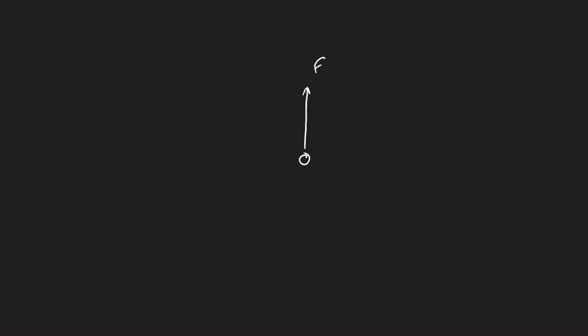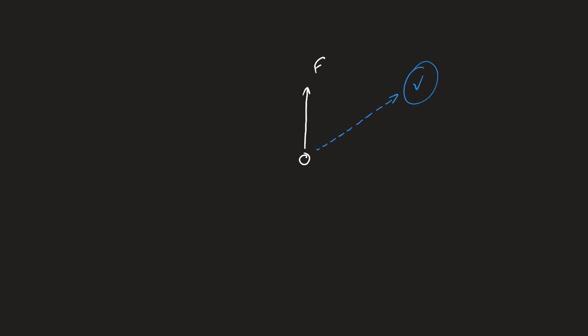We've frozen the object at a particular moment of time, drawn a free body diagram, and then used that free body diagram to kind of highlight what the object's going to do. If the object's already moving, if it has a velocity, and you apply a force to it, well, some components of that force might act to change how fast the object's going, but some components of that force might act to change what direction it's going.